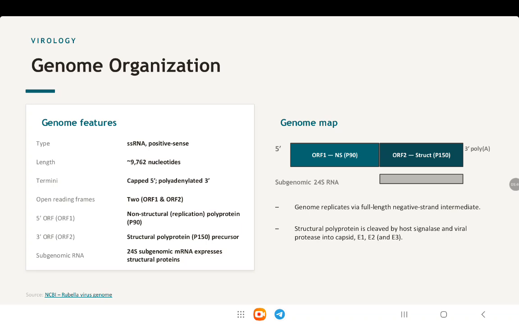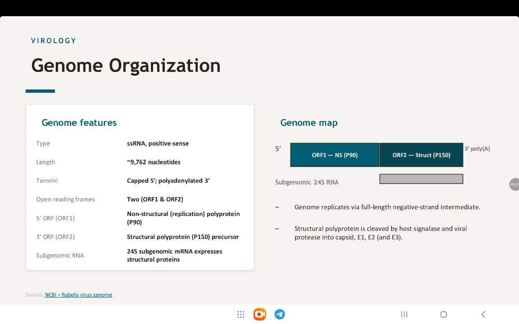The genome has a cap structure at the 5 end. At the 3 end, there is a poly A tail. These features make the viral RNA similar to human messenger RNA, and this helps with protein synthesis and stability.